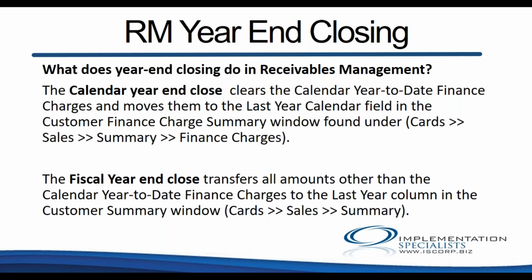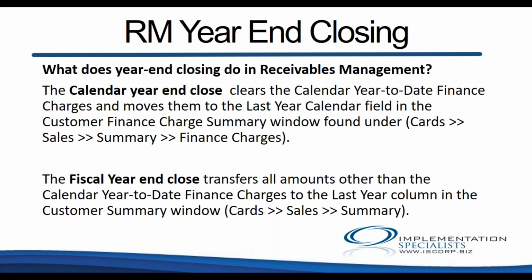What does the year-end closing do? Calendar year-end close clears the calendar year-to-date finance charges and moves them to the last year calendar field on the windows. Fiscal year basically moves the other ones not listed above to the last year window.